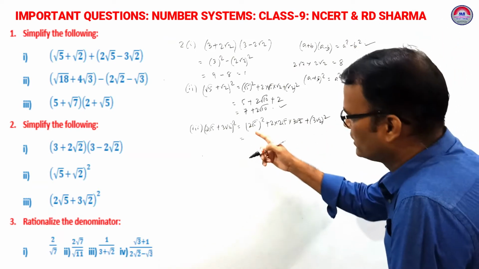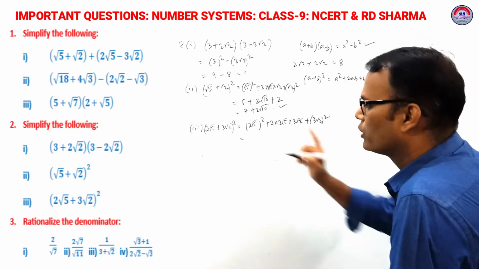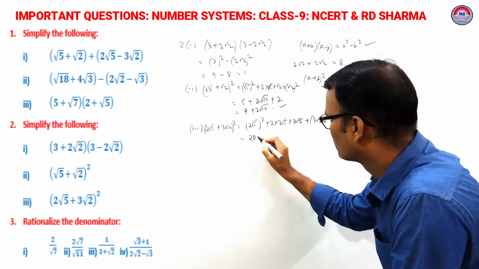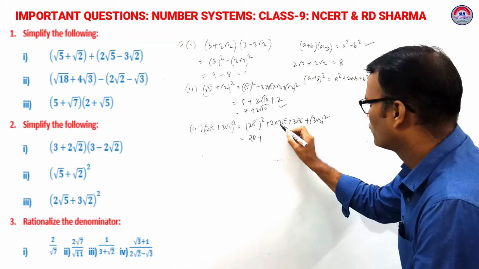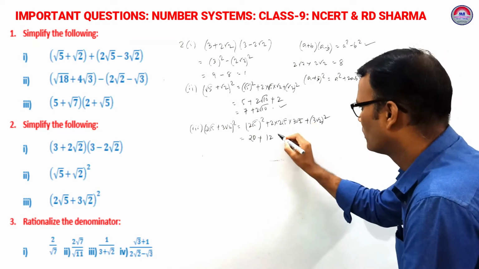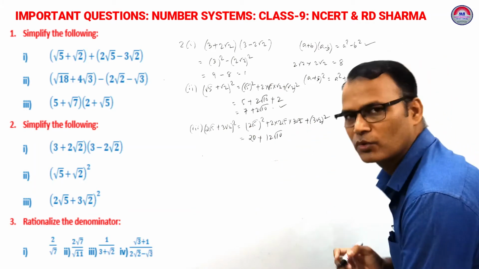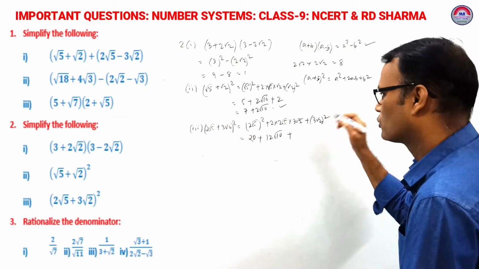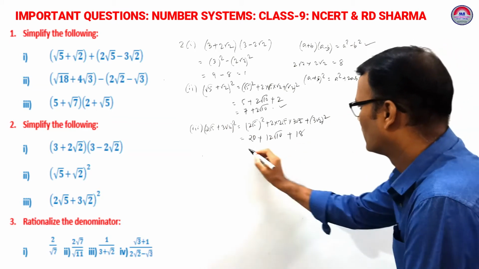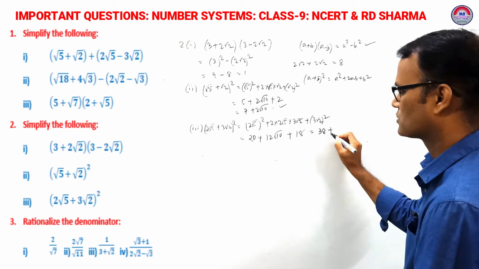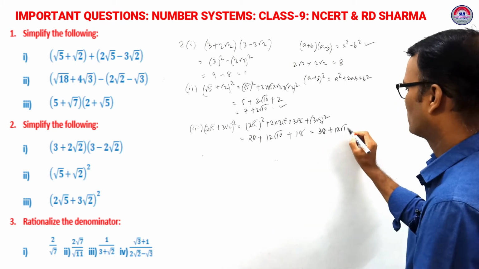You see here, 2 root 5 whole square, 2 into 2 is 4, root 5 into root 5 is 5, so 20, plus 2 into 2 root 5 into 3 root 2, which is 12 root 10, plus 3 root 2 whole square, 9 into 2 is 18. Now it is 20 plus 18, 38, plus 12 root 10. Okay?